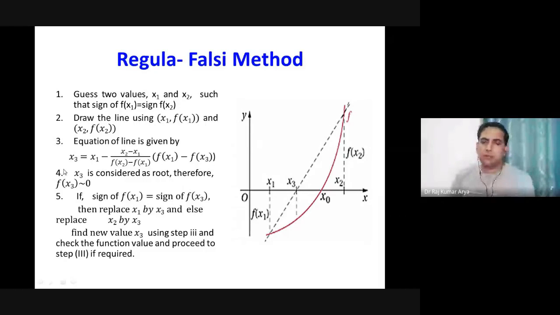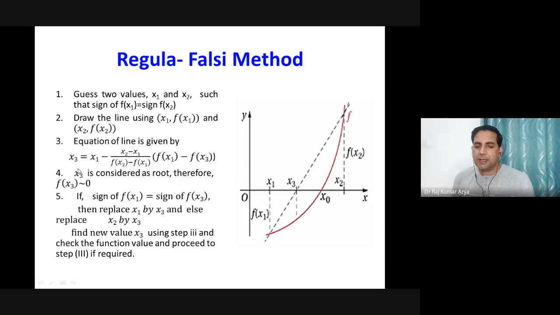Now x3 is treated as a root. If you want to treat x3 as a root, the corresponding value of the function must be equal to 0 only. The same thing is being done here.